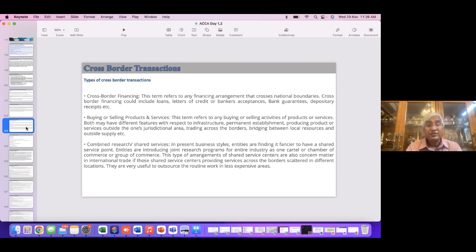Both may have different features with respect to infrastructure, permanent establishment, producing products or services outside one's jurisdictional area, trading across the borders, and bridging between local resources and outside supply, etc. There are different situations, because one could be simply an infrastructure development in another country, and this country having a permanent establishment.